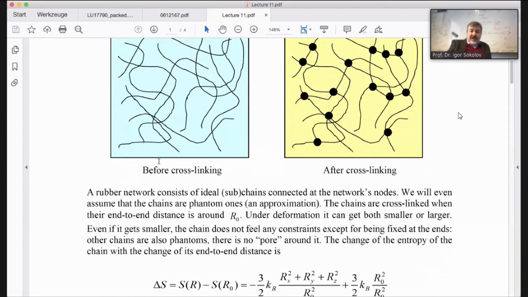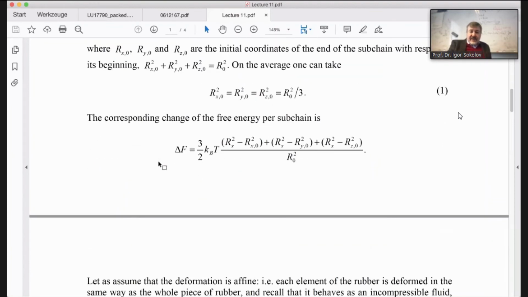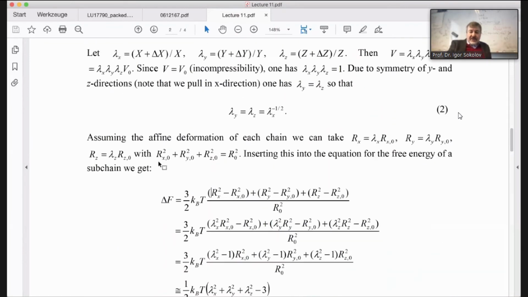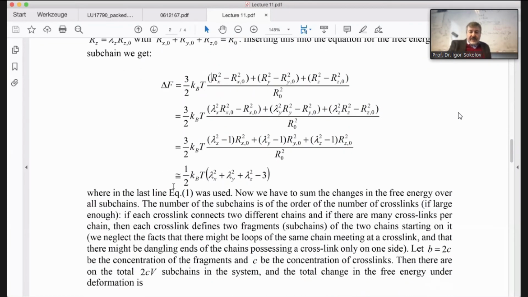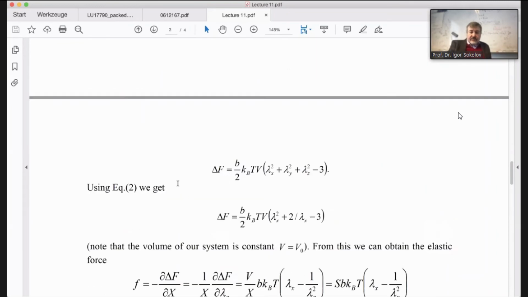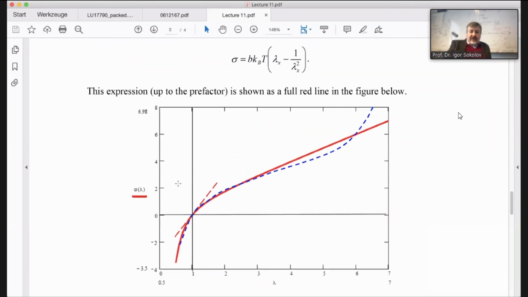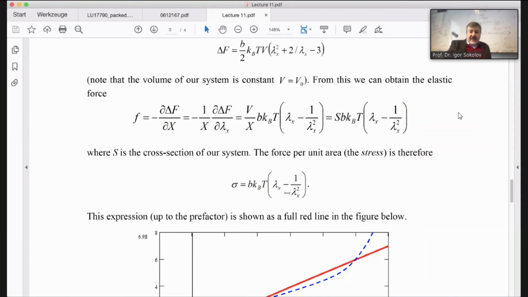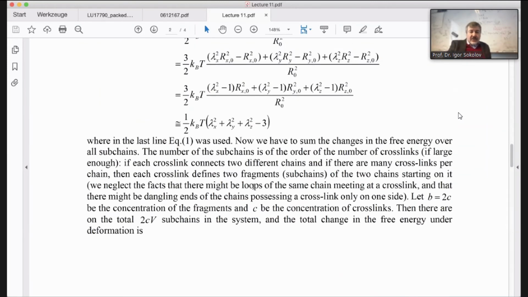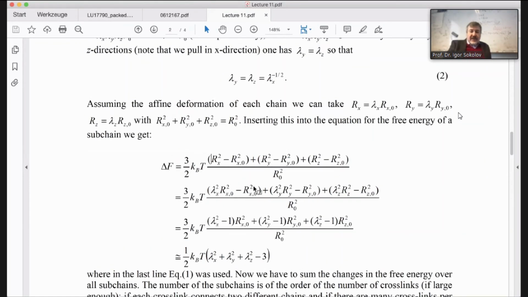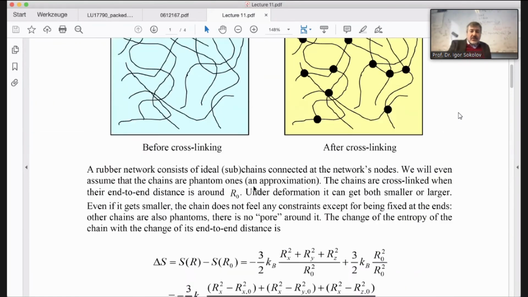So you see here that it's an entropic force, and that the elasticity constant goes proportionally to the number of cross-linkers or subchains or whatever, doesn't matter. So what happens if it is too large?